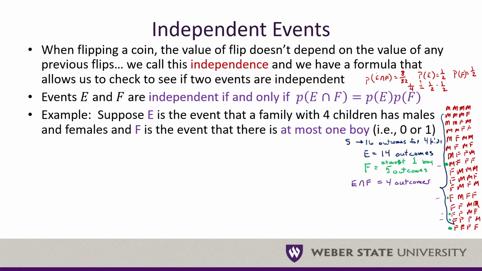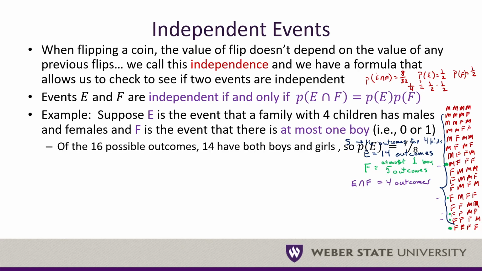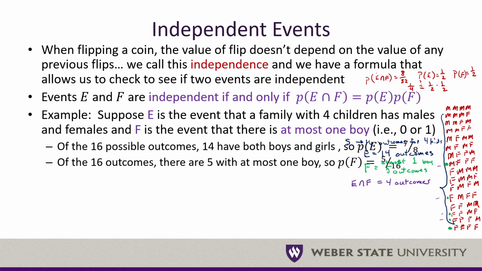Now we should just be able to plug the numbers in. The probability of both boys and girls is 7/8. And the probability of at most one boy was the 5 cases that we talked about. So that would be 5/16.